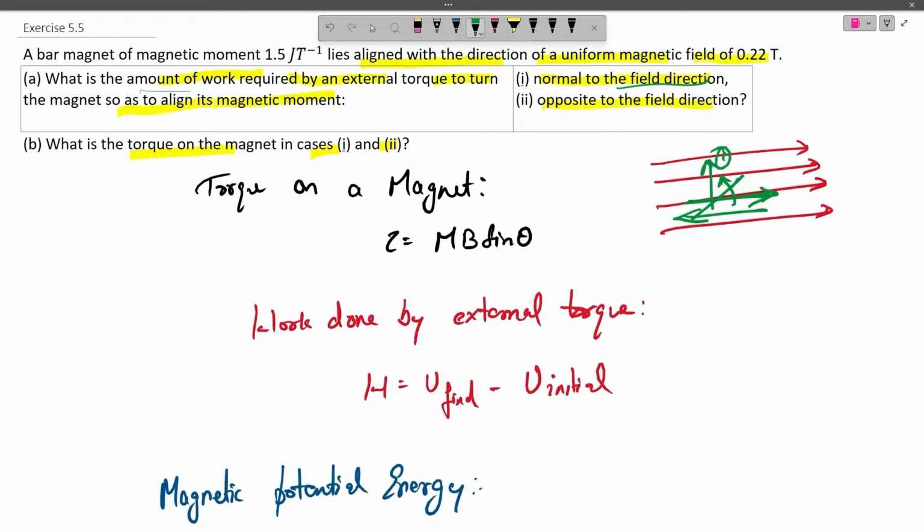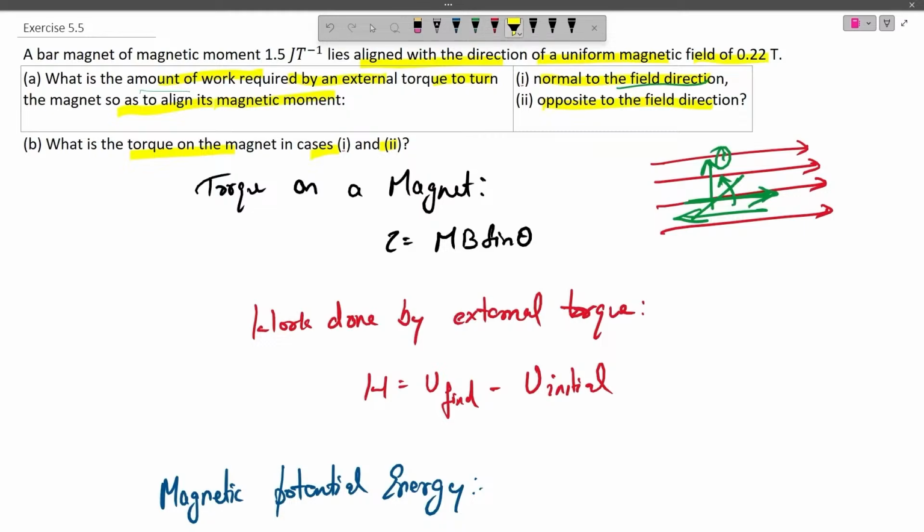In the first case, like this, at 90 degree, and in the second case, theta equals 180 degree, where theta is the angle between the axis of the magnet and the uniform magnetic field. Now we know that torque on a magnet is given by tau equals mB sine theta, where m is the magnetic moment, B is the magnitude of the magnetic field, and theta is the angle between the magnetic moment of the magnet and the magnetic field.